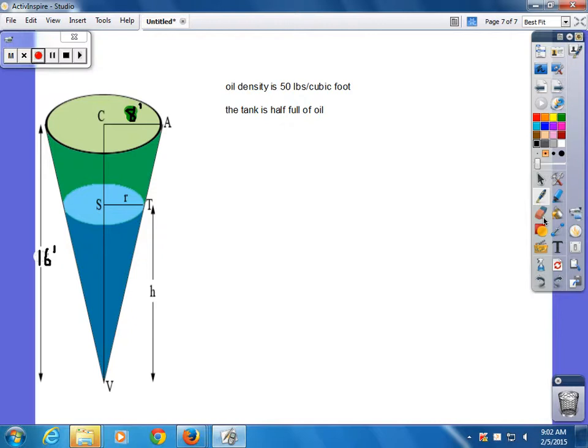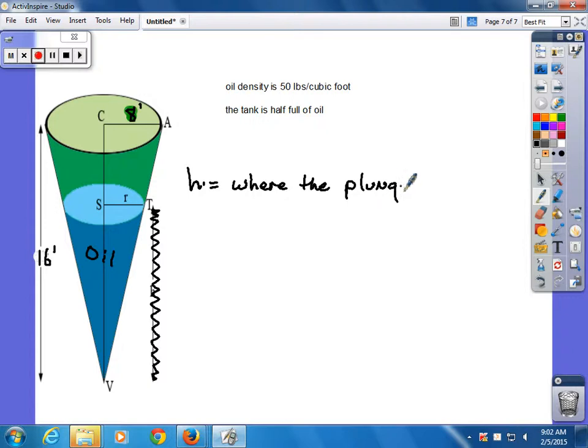In other words, this H right here, just ignore this H. Ignore that. This is oil. Okay, right here. Half full. You can say this is about half full. All right. The H that you're talking about, H is equal to where the plunger is.